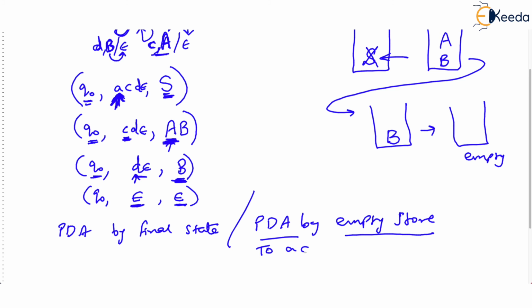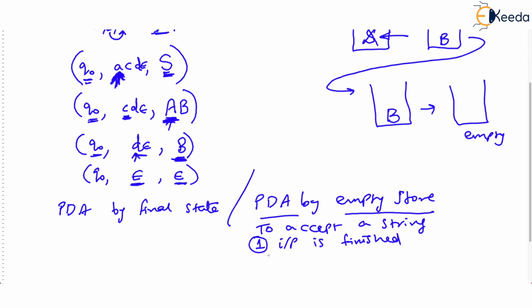To accept a string, two conditions must be satisfied. One, input is finished. That means you have reached epsilon in the input. And second, the stack should be empty.